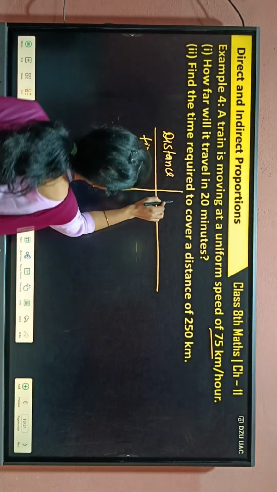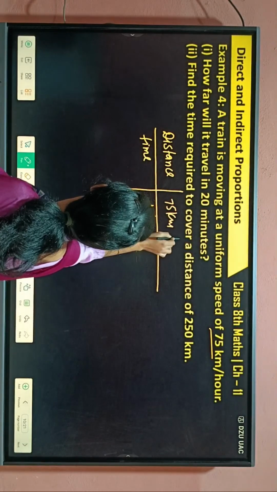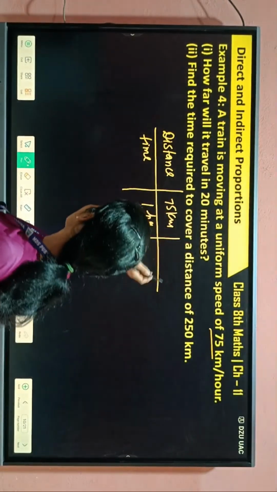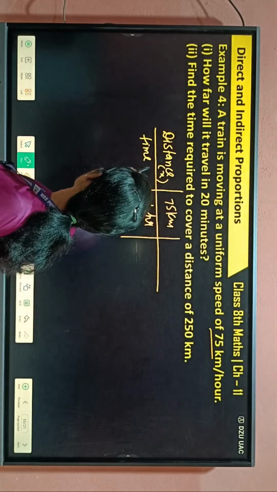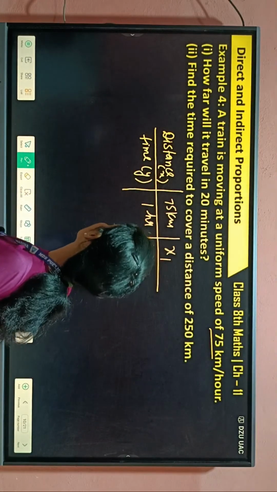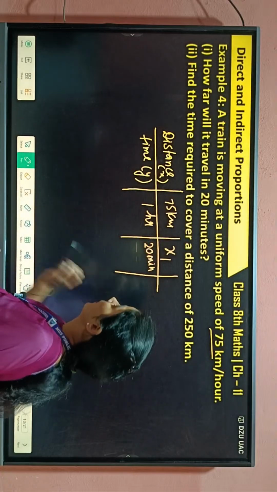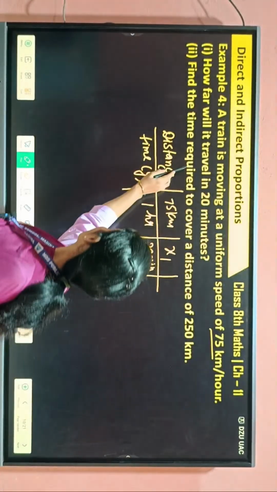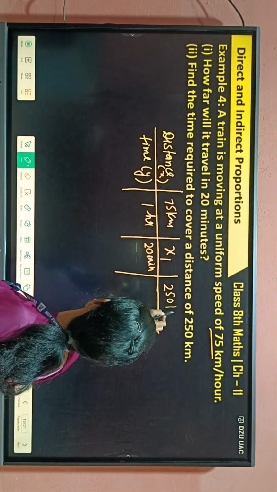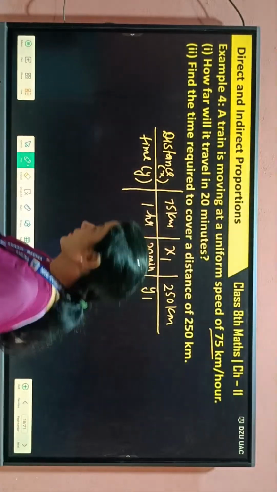The distance is 75 km in 1 hour. If we denote the distance traveled by x and the time by y, then x1 distance is traveled in 20 minutes. And next, find the time required to cover a distance of 250 km. We need to find out its time.